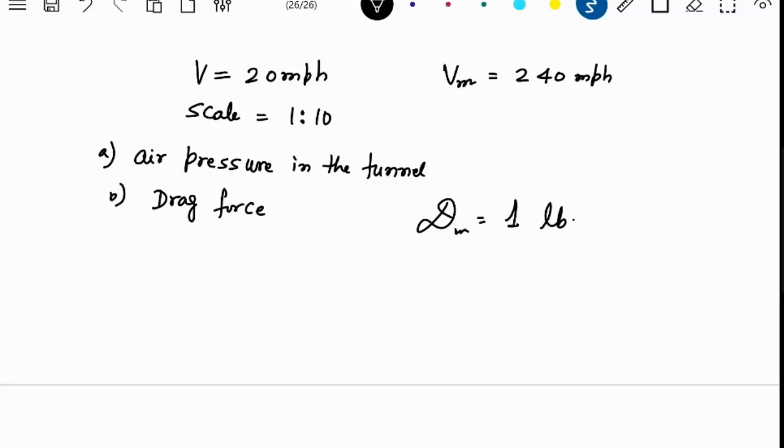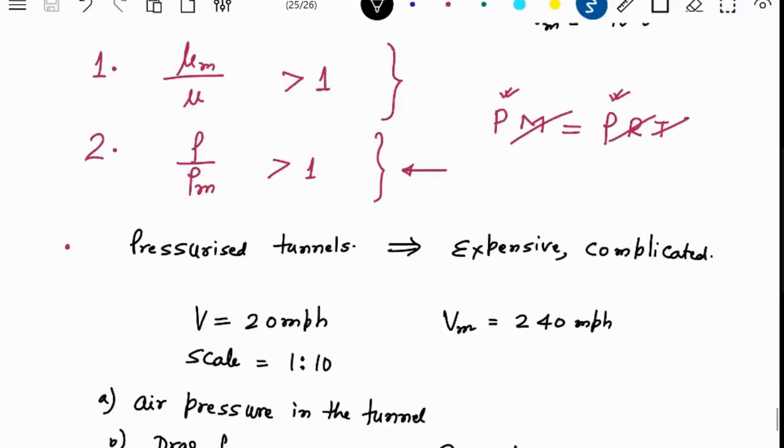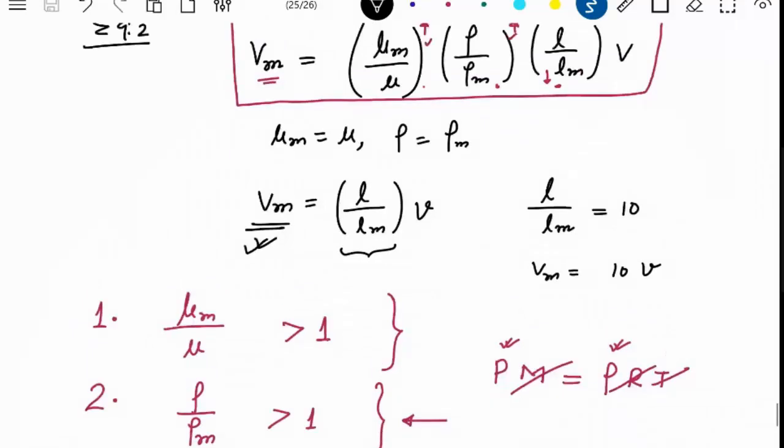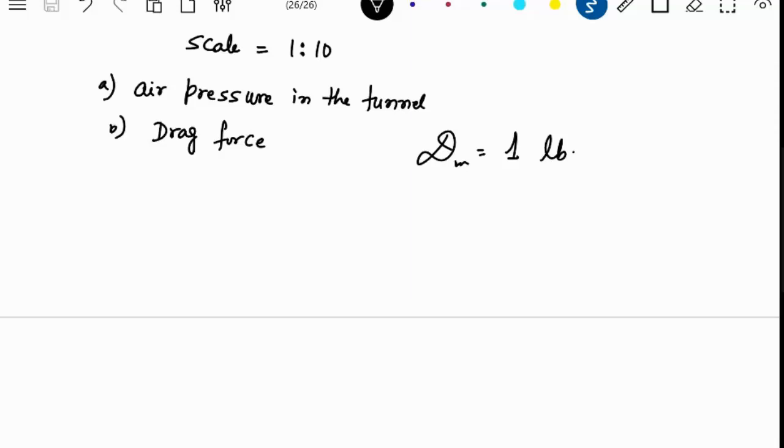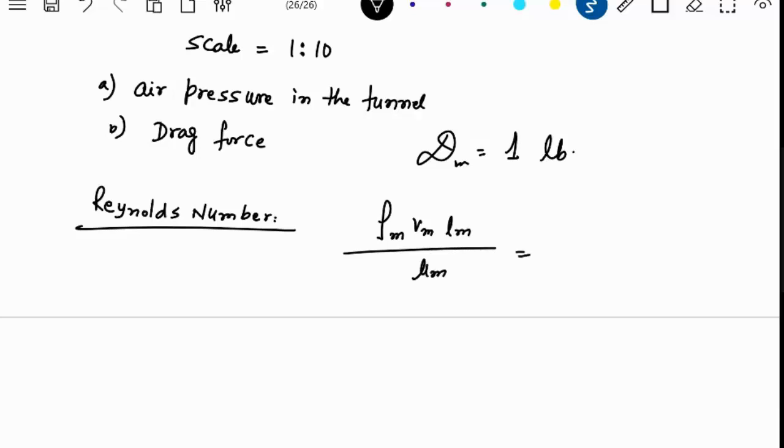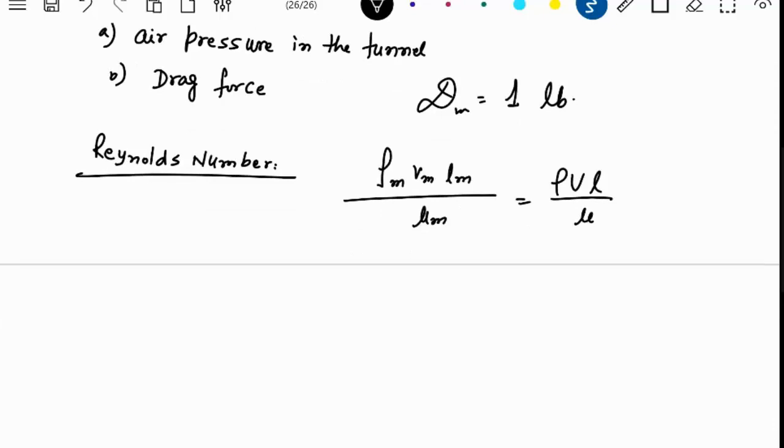So we can use Reynolds number and geometric similarity, and you have to equate the surface roughness. If you consider first Reynolds number similarity, you can write rho m Vm Lm divided by mu m is equal to rho V L by mu. Now you know Lm by L is equal to 1 by 10, that is given in the problem.